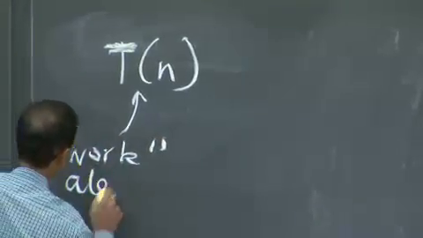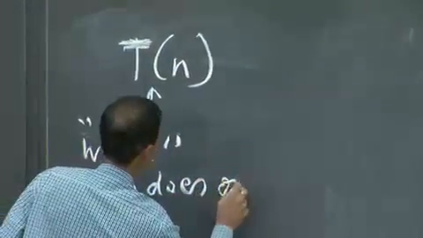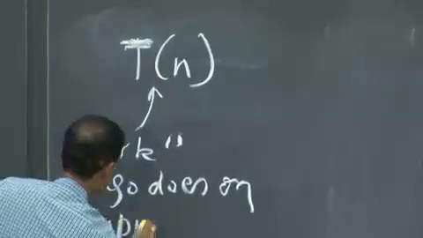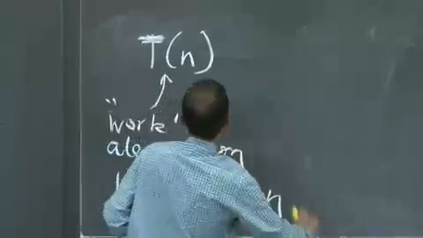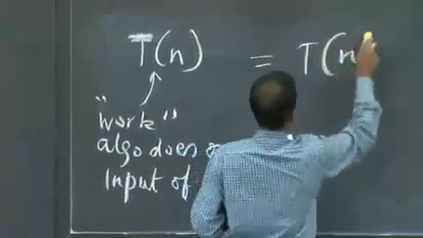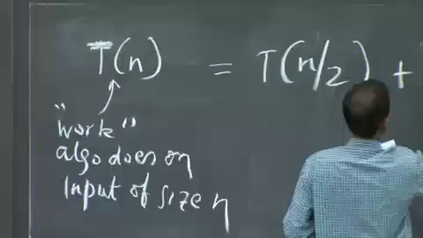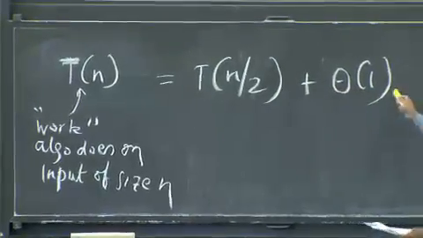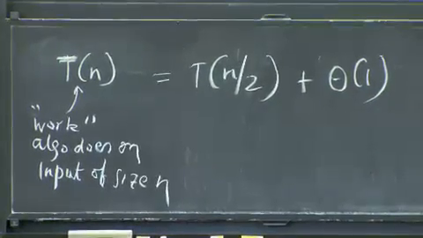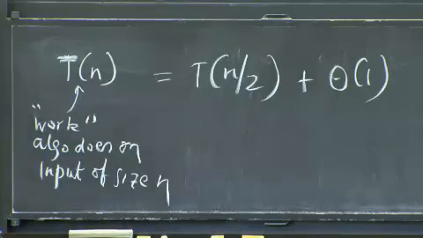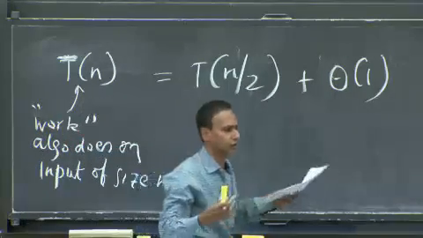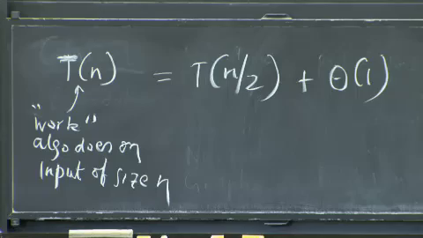Okay? Then I can write this equation. And this theta 1 corresponds to the two comparisons that you do, looking at the left-hand side and the right-hand side. So that's 2, a constant, so that's why we put theta 1.